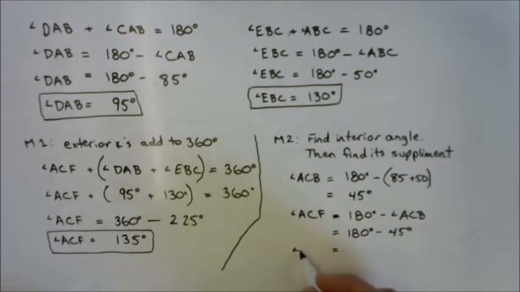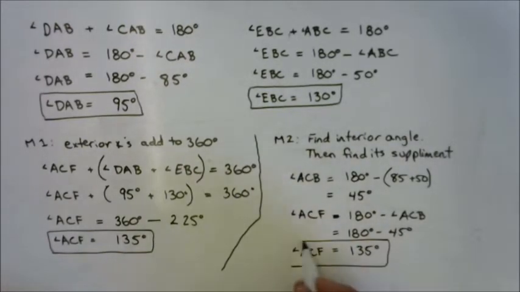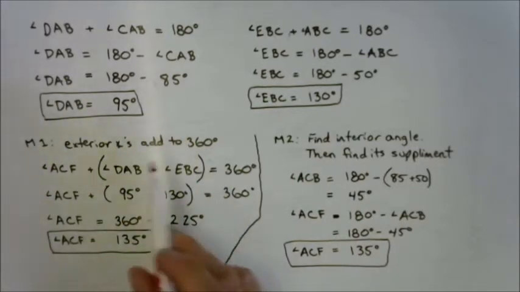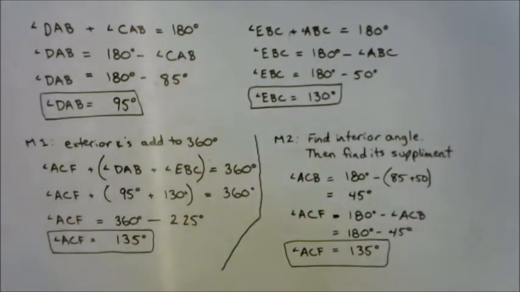So we get that the measure of angle ACF is 135 degrees. And here we have all three of our exterior angles. Again, you don't need to do it both ways, but choose the way that you like more.